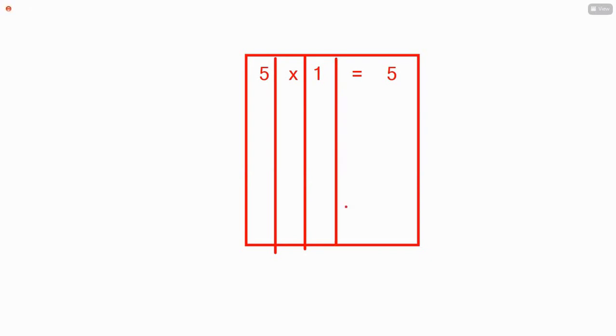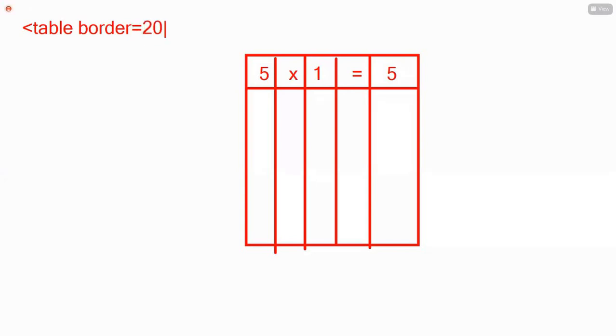If you want to display it in HTML, what will you write? Table, with some border equal to something, 20 pixels or 30 pixels. After that, the first row. Next TD, something like 5. Again TD, like 5. Table data close. Now TD into. Let's see right now.